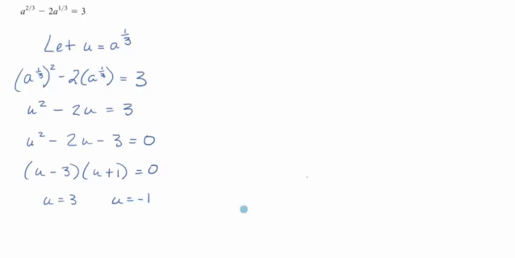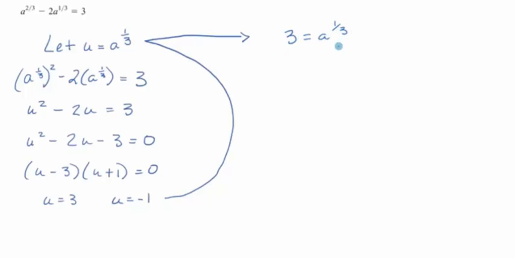U is negative 1. Remember, you're not finished when you found what u is, because we're solving for a. So we're going to take this, put it back into the let u equals statement, and get 3 equals a to the 1/3, and negative 1 equals a to the 1/3.